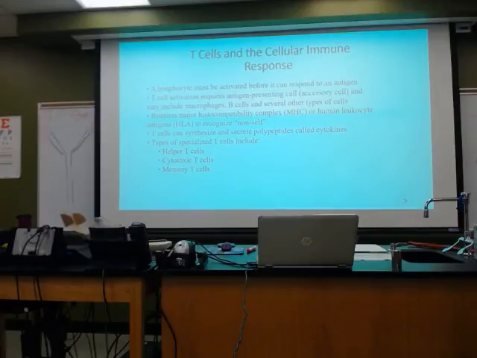So if they activated 10 of them, all 10 will create a memory cell. So let's say if we had 10 that were activated and each one created 2 memory cells, we now have 20 memory cells throughout 10 lymph nodes. And if we get invaded by that pathogen again, those memory T cells automatically recognize it and mount their attack.